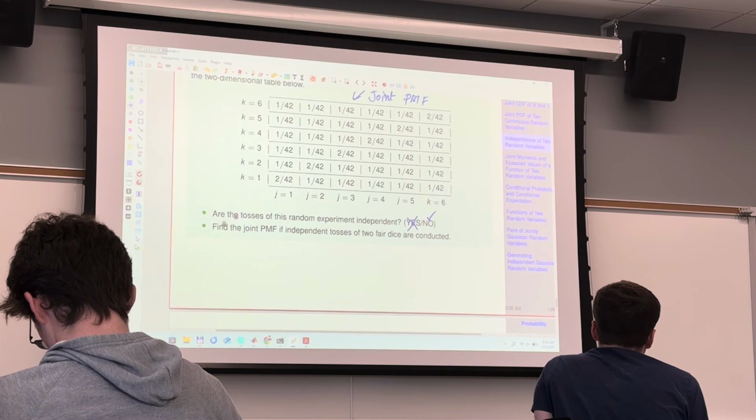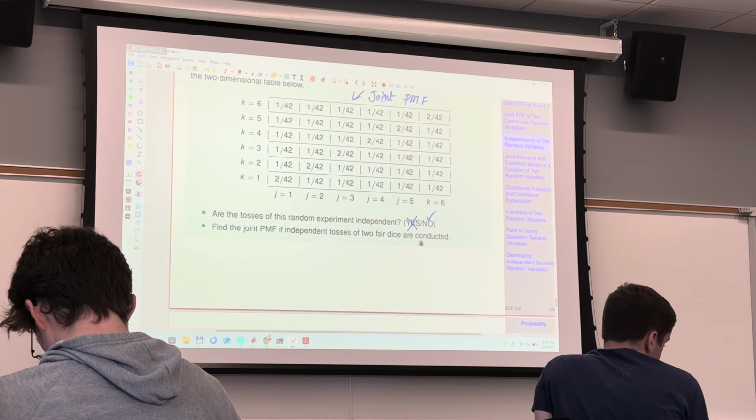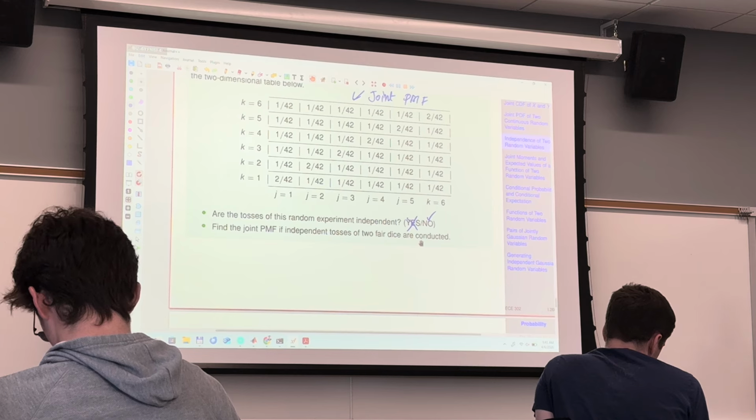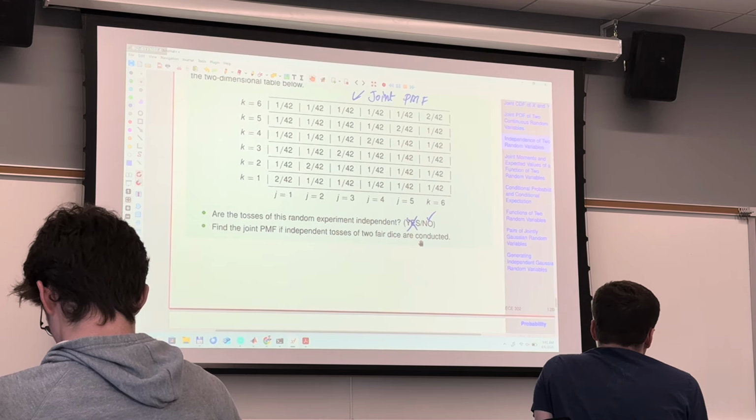Now, how can we find the joint PMF if the independent process of two fair dice is conducted? In this case, these are totally independent, which means that order doesn't matter. I just look at the number of dots on the top. So instead of 42 outcomes, you will see 36 outcomes.